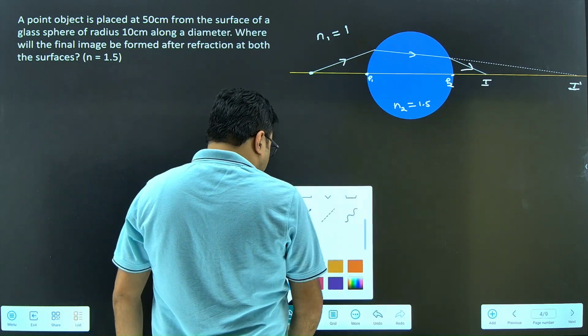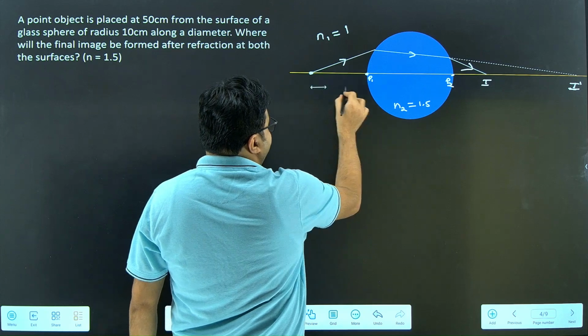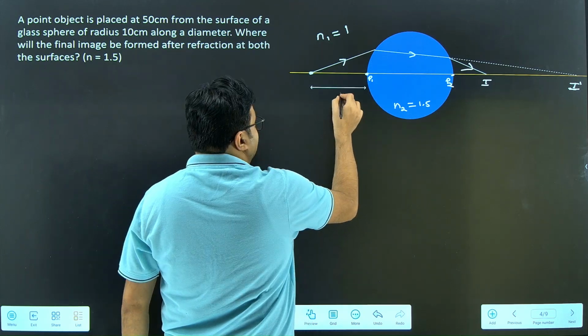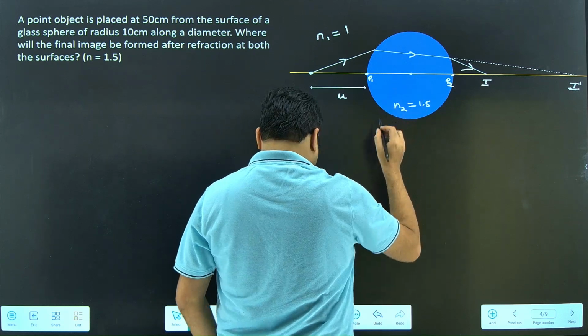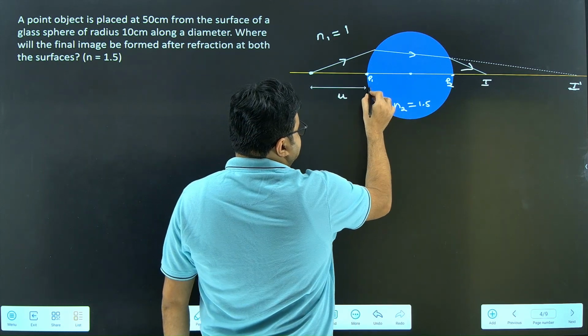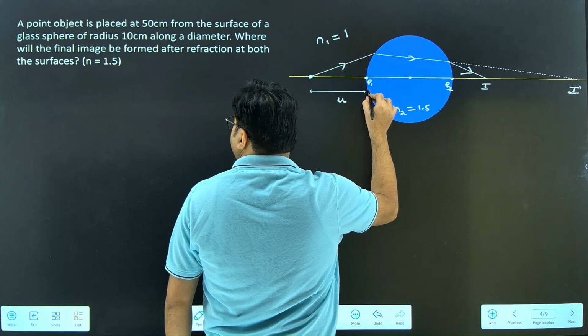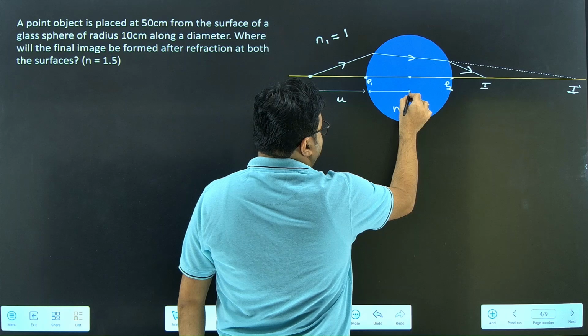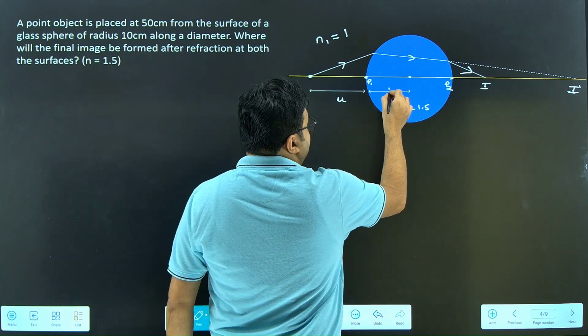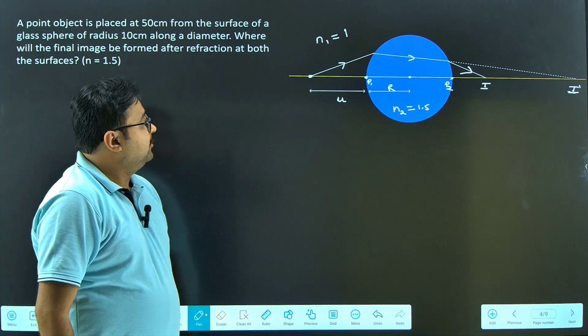We know that this is object distance. From here to here, that's object distance. We'll call that U. And that's the center. Center is here. You can say that this is the radius of curvature. Let me call that R. The radius of curvature is R.